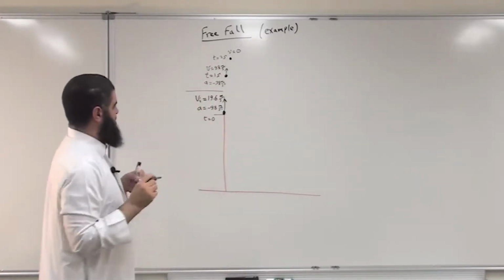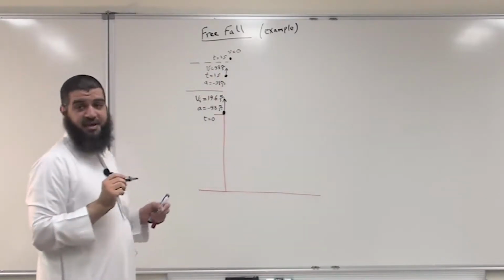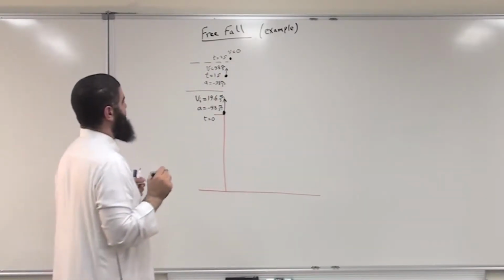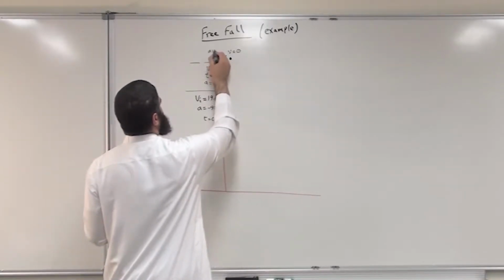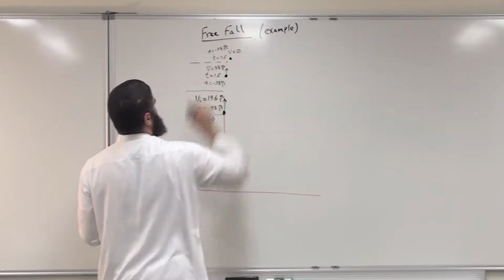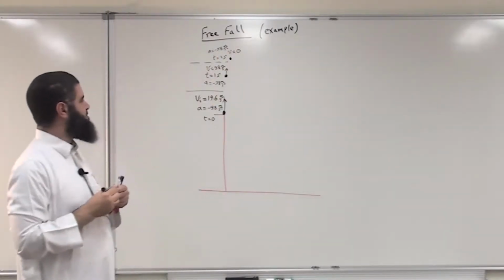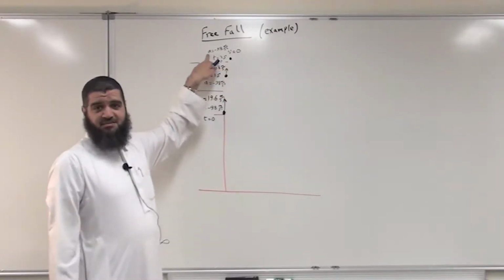As you also know, the acceleration at that point is minus 9.8 meter per second square. So at the highest point, the velocity is 0, and still the acceleration is minus 9.8.